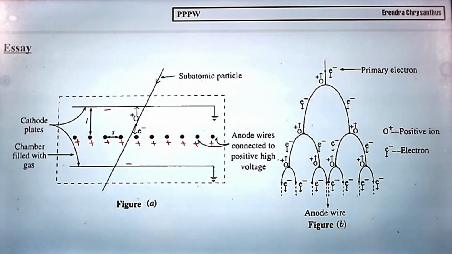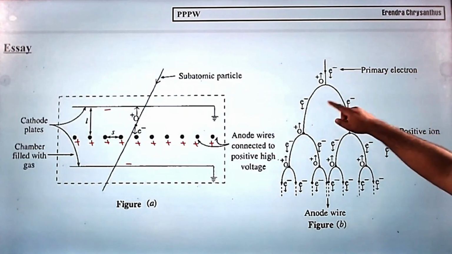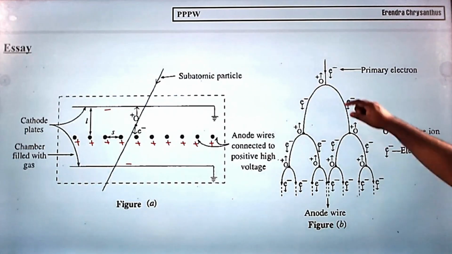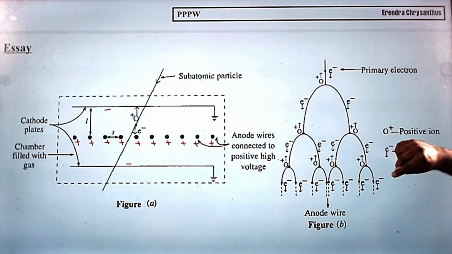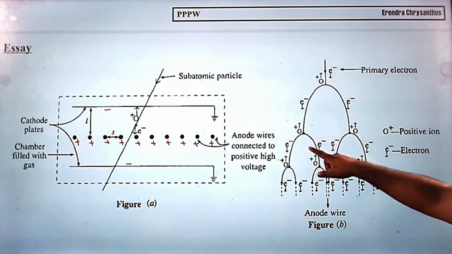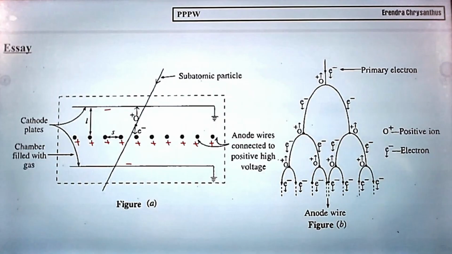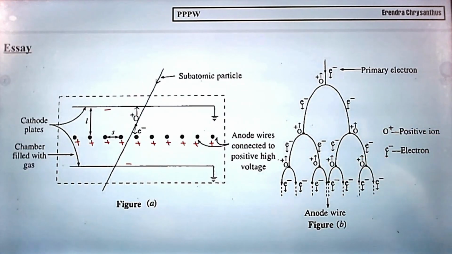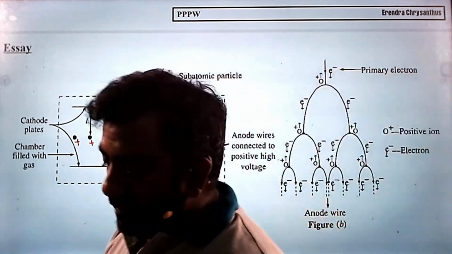Electron produces electrons, positive ions, they go towards the cathode. So electrons collide here producing more electrons. These electrons are accelerated, so they are asking you a very simple question.